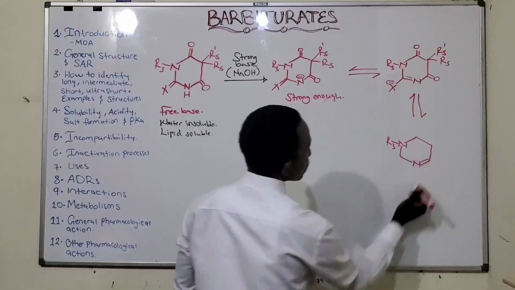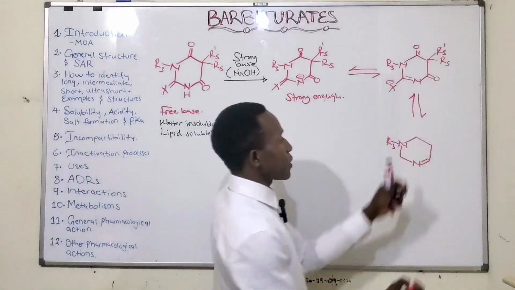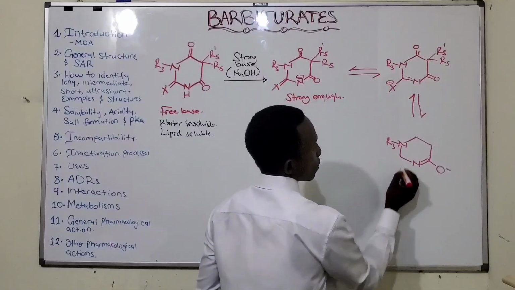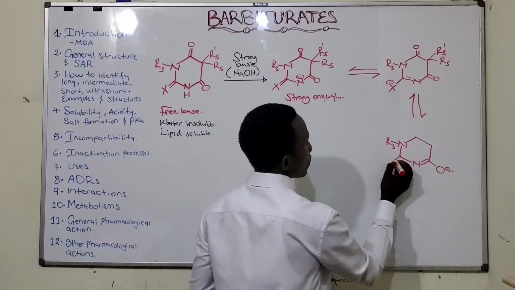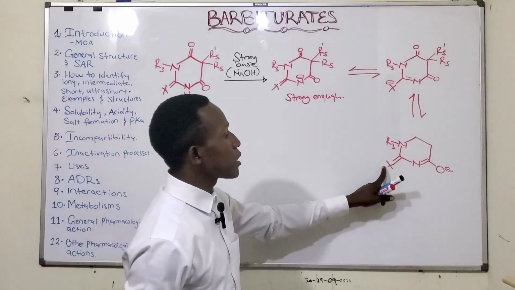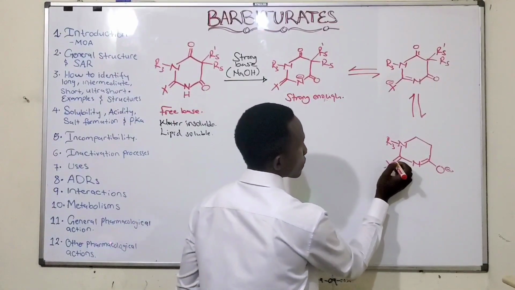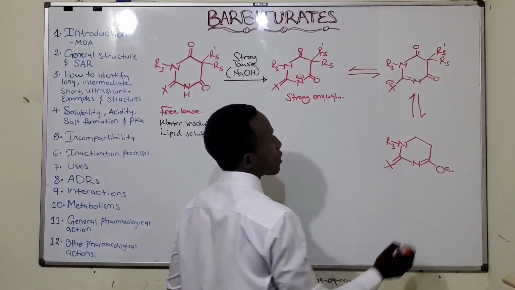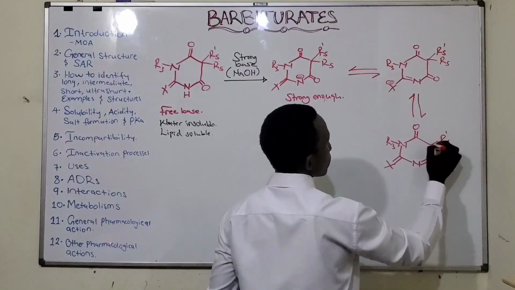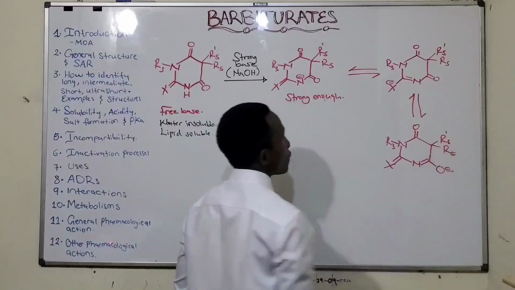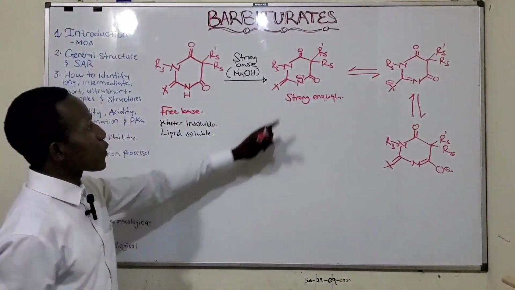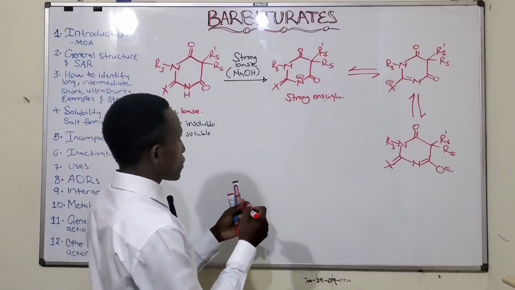A bond can be formed with this carbon atom. Now, this one becomes the O minus. Remember, this can be oxygen or it can be sulfur. Here we have this R5 prime and R5. So that's the resonance. So now the salts, this is a salt.